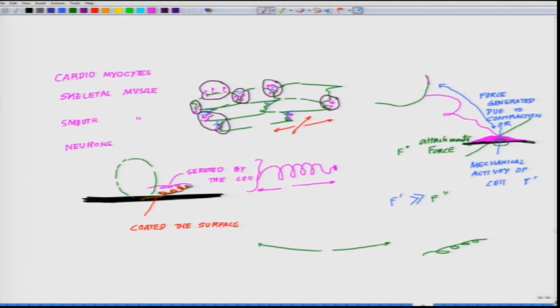Now, all these different muscle types and cell types, the neuron, since this is a neuron also, I cannot call all of them muscle type. Even within muscle types there is different mechanobiology.